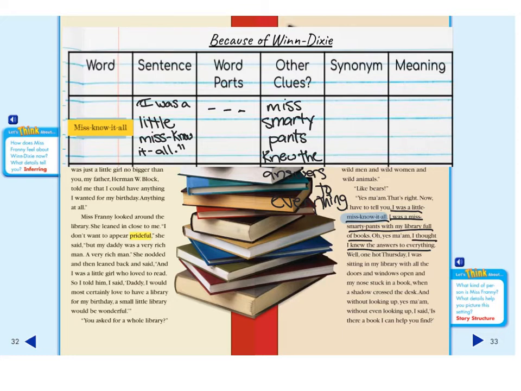A little Miss Know-It-All or a Smarty Pants. I'm thinking a Smarty Pants is a synonym. Okay, so at this point, I should know the meaning of a little Miss Know-It-All. This would be someone who believes they know everything. They think this about themselves.